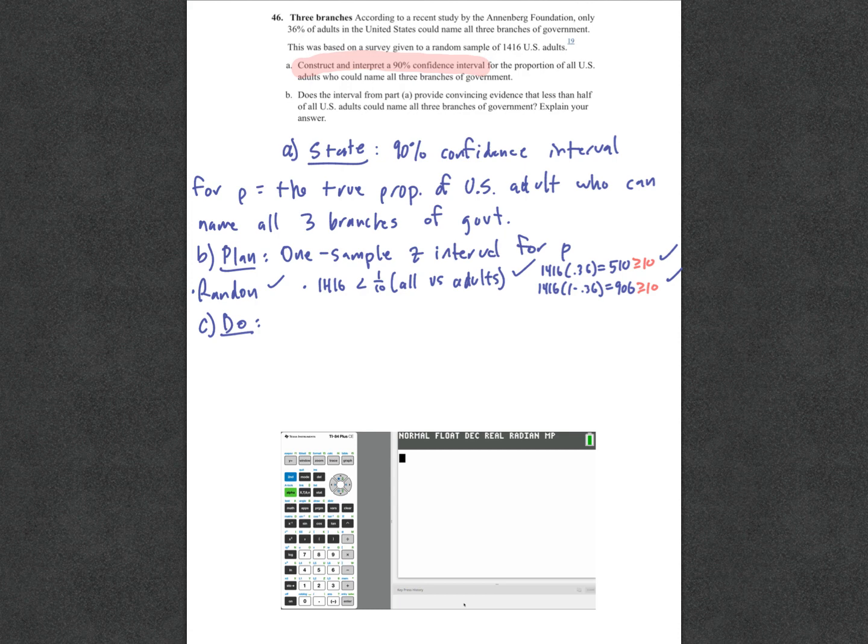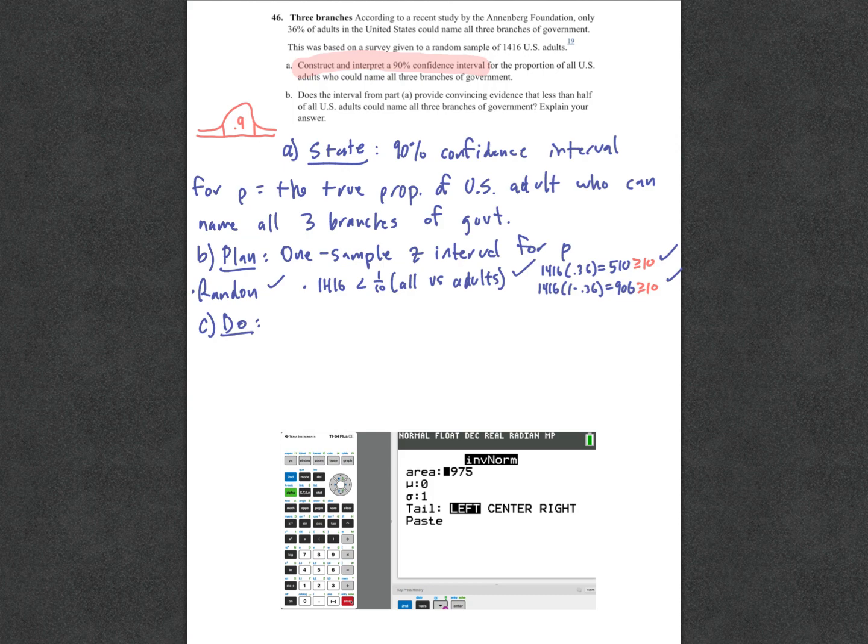Okay, so now we'll actually construct the confidence interval, so we'll do this in the calculator. First, this is a 90% confidence interval. If you have a normal curve, 90% of the data is in between here.